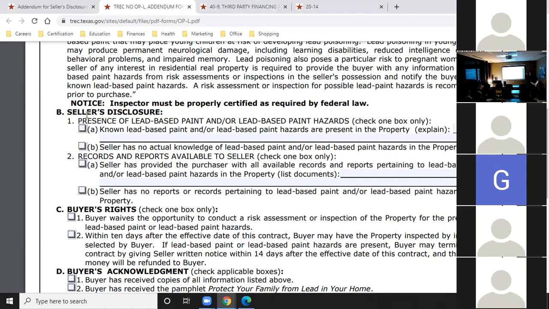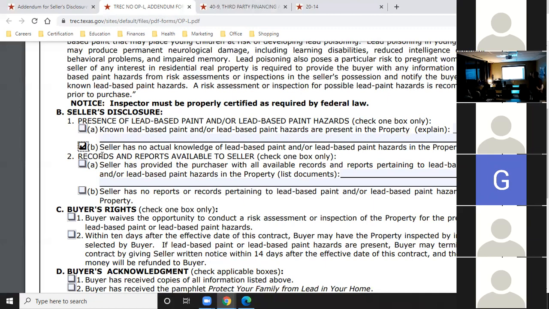No, so you'd put NA because there's no known knowledge of lead-based paint. So you're going to do B1B, box 2 there. Very good, Colton. Mr. Colton, I'm going to ask you again for the next one. Does the seller have any reports or records pertaining to the lead-based paint at all?